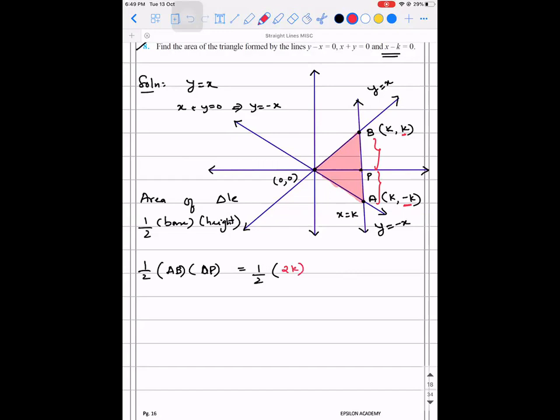Or you can directly apply the distance formula. When you apply distance formula, root of x2 minus x1 the whole square, that is k minus k the whole square plus minus k the whole square. So it will come out as 2k. Am I clear? Into what is the height?